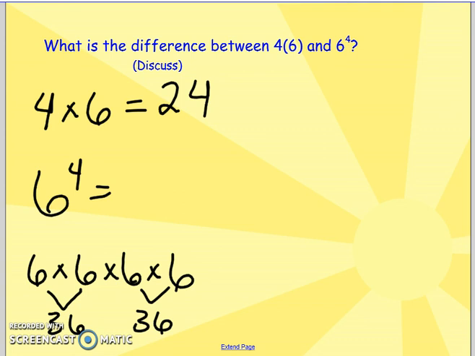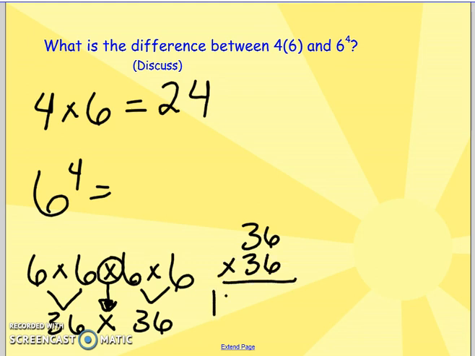Then, what do we do with that? We have to multiply those 2 together. 36 times 36. Going to multiply those. And you're going to end up getting, hopefully that's what you got when you found the answer for this one. Okay? They're super different. But what is the difference?